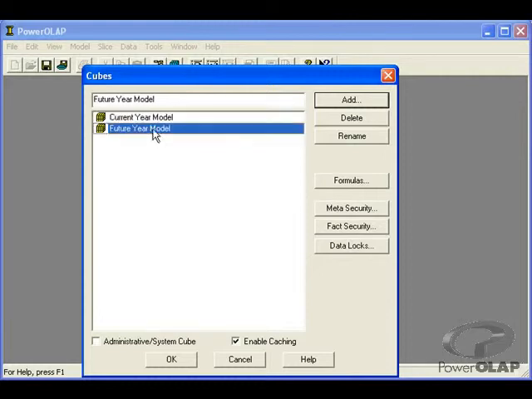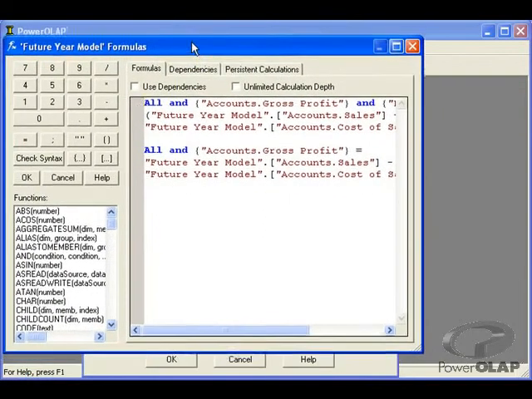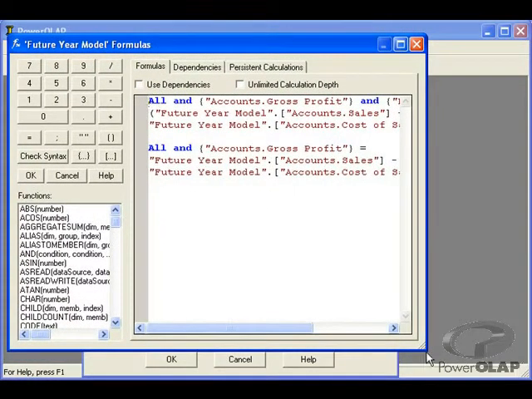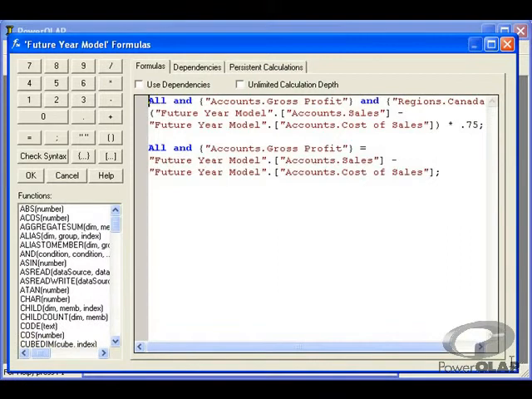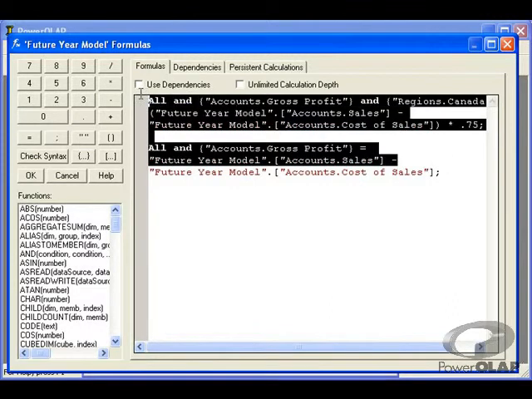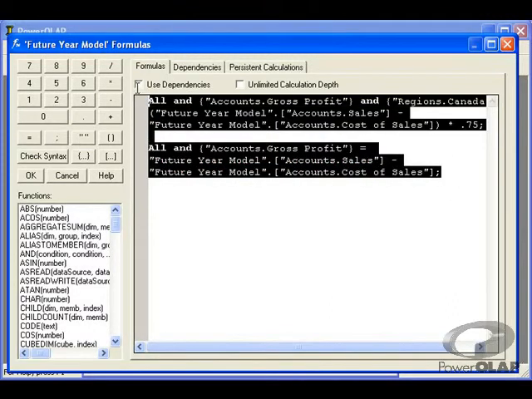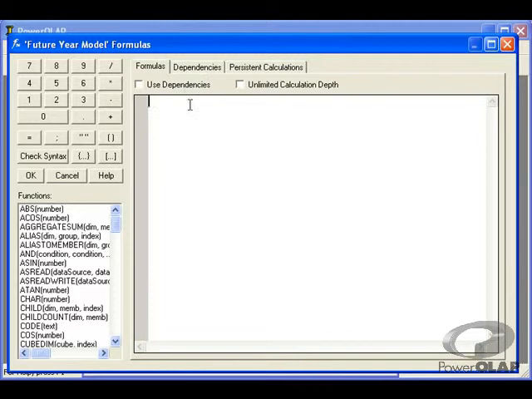For this example, I'll click on Future Year Model. When I select Formulas, as you can see, we already have some formulas within this cube. Formulas consist generally of two parts, a left-hand side and a right-hand side. A left-hand side of a formula defines the region that the formula is to cover.